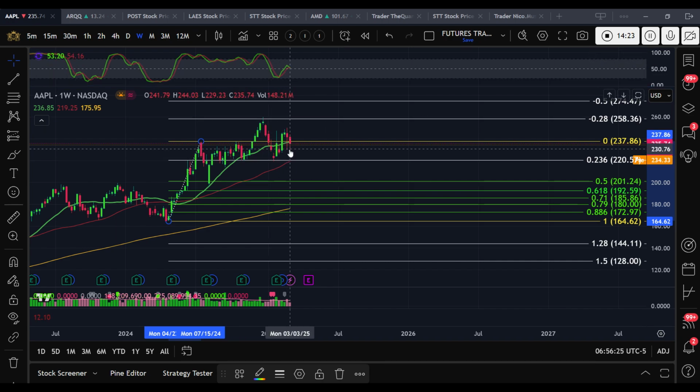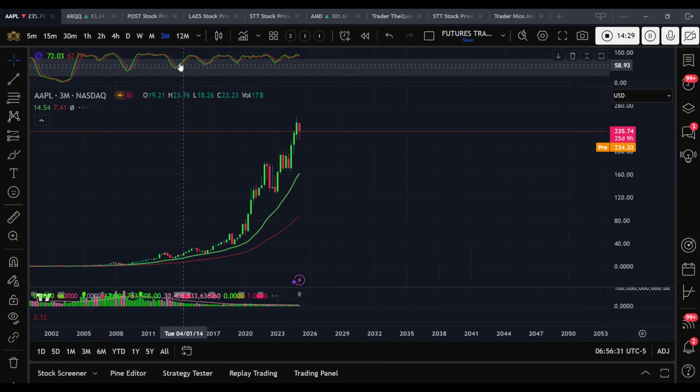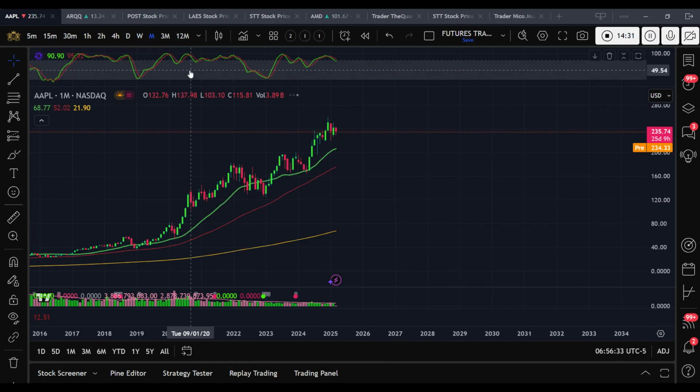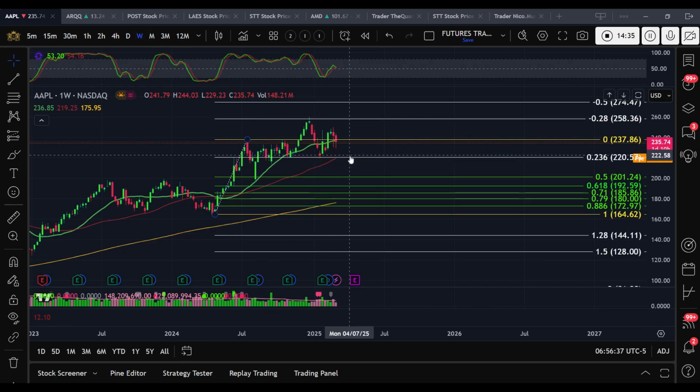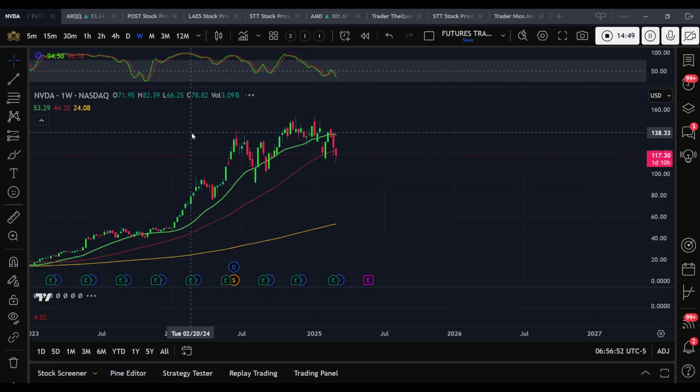If we can't continue to find support at this level, obviously our next level is one of those other levels that is magnetic, in my opinion, the 0.50 fib. So the market is just overall very, very bearish.